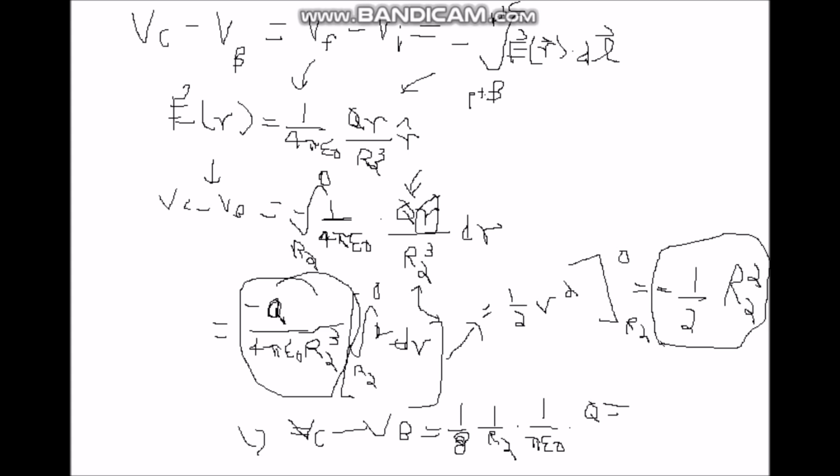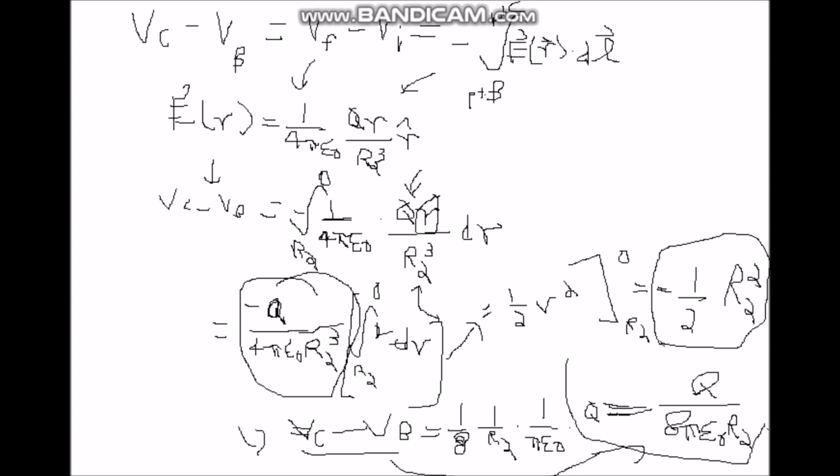I can simplify that and write this all as VC minus VB equals Q over 8 pi epsilon naught R2. And that VC minus VB equals Q over 8 pi epsilon naught R2 is your answer.